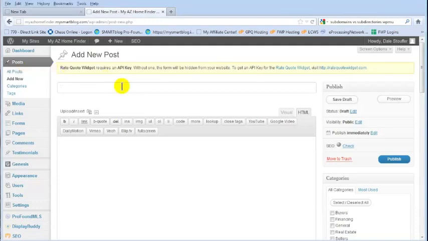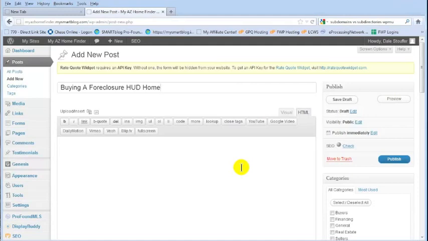So I'm going to say, doggone it. There. I'm going to do something related to buying a foreclosure HUD home, for what that's worth. We're actually not going to spend the time to write this blog post.